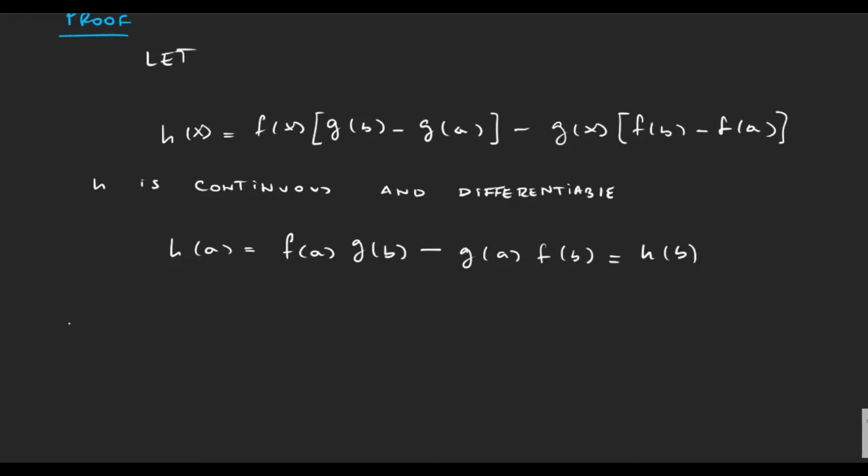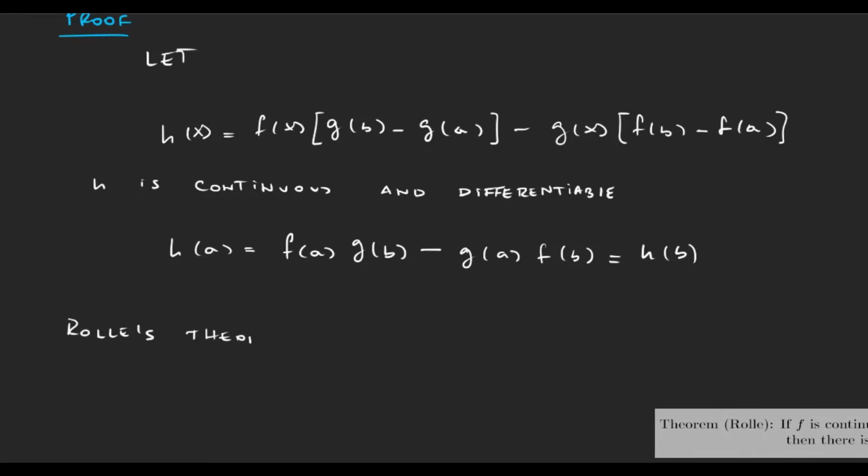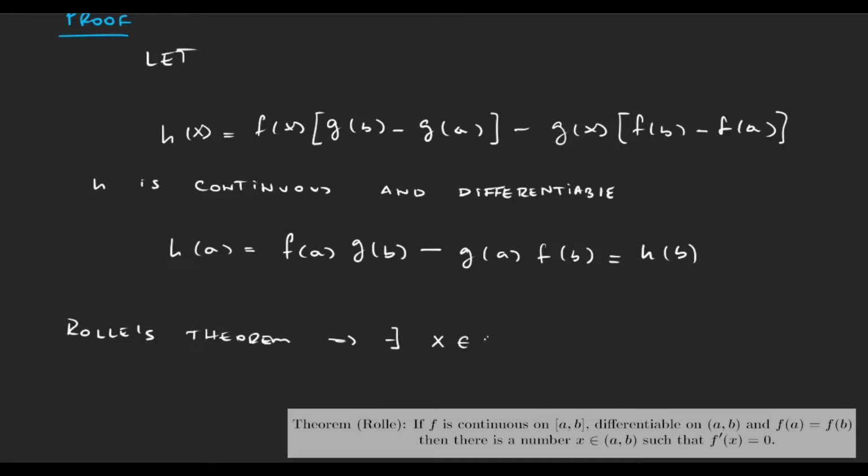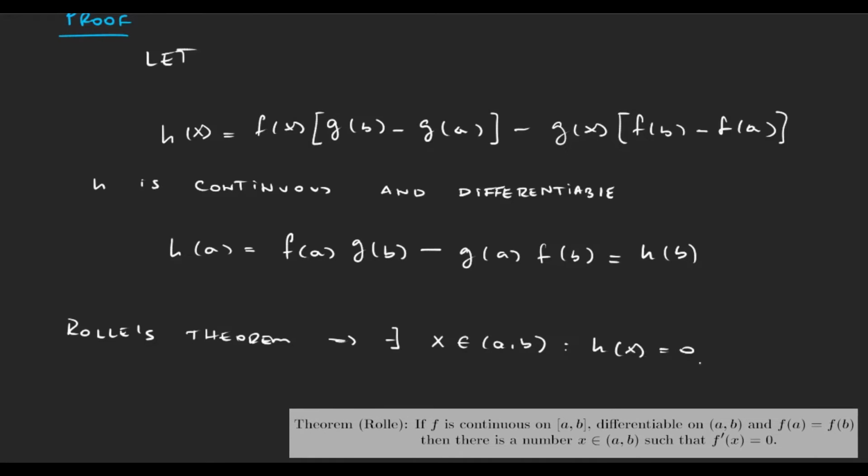So then again we can use Rolle's theorem and say that there exists a number x in ab such that h prime in x is equal to 0.